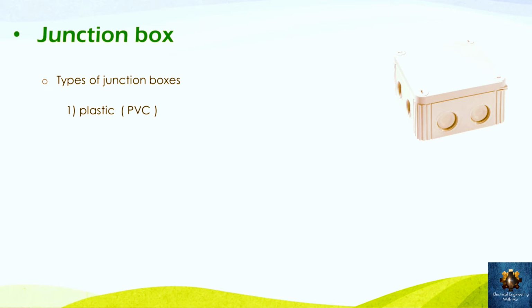As you see, it has a base which is installed inside the wall, and it has a cover like that one. And there are some circular holes, and they are used for the wires to enter and for the wires that are going out of the junction box. So there will be a conduit entering this junction box coming from the distribution panel, and there will be a conduit or some conduits leaving this box going to the electrical loads.